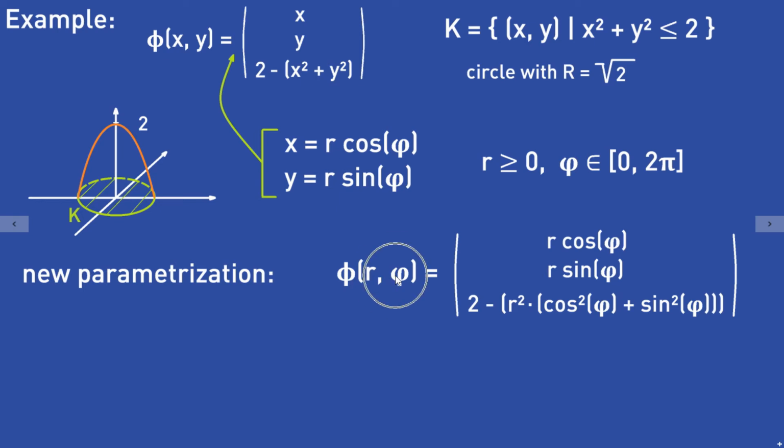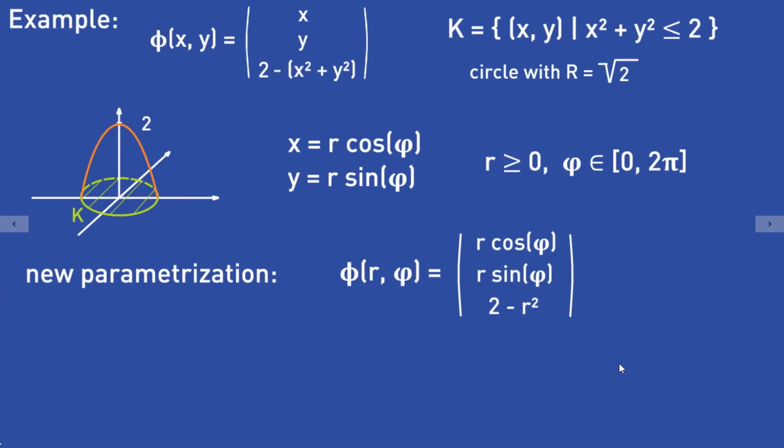So when doing so, we get phi of r, phi is equal to r times cosine of phi, r times sine of phi, and 2 minus that here, which is x squared plus y squared, but in the new coordinates. Now we know that the cosine squared plus the sine squared is always 1.